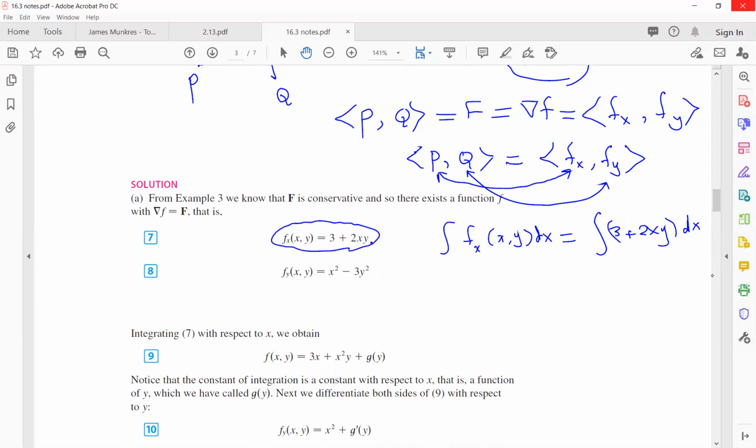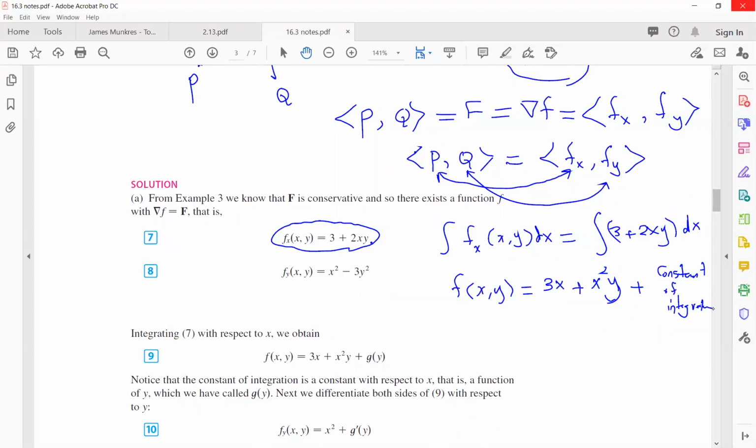So on the left-hand side, you get function f of x and y, which is equal to the integral of 3, which is 3x, plus the integral of 2xy, which is x squared y, plus the constant of integration.